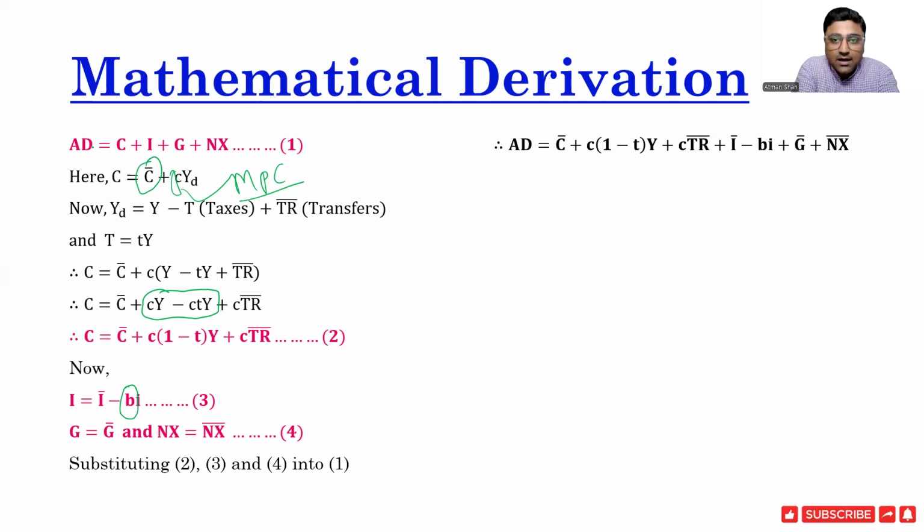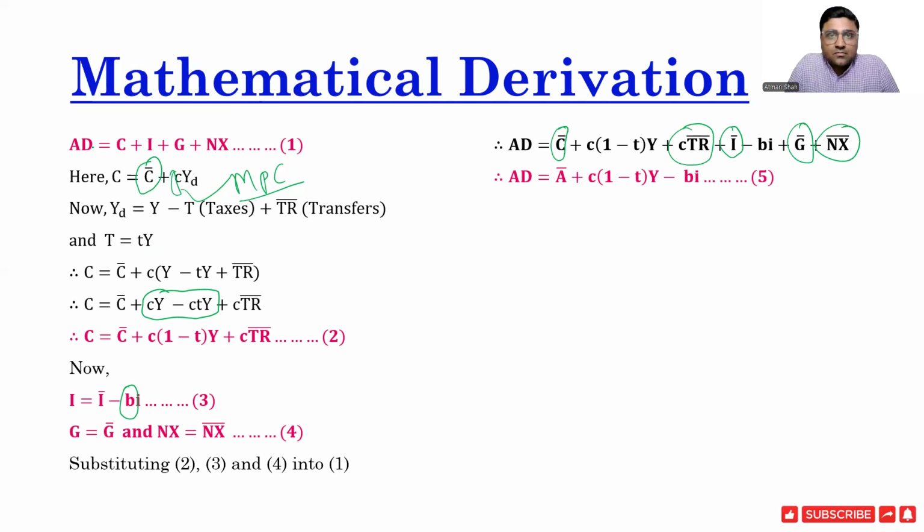That is C bar, cTR bar, I bar, G bar, NX bar. And it is known as A bar, autonomous spending. So aggregate demand is equal to A bar, the remaining part is c(1 minus t)Y minus bi. So this A bar includes all autonomous spending.